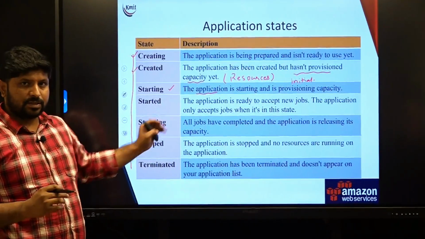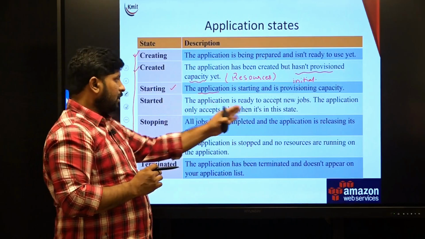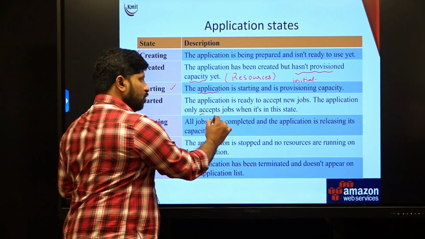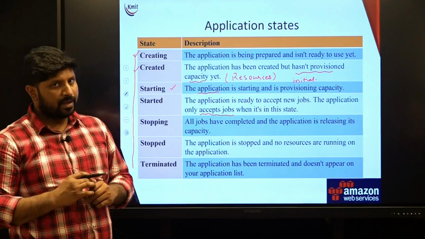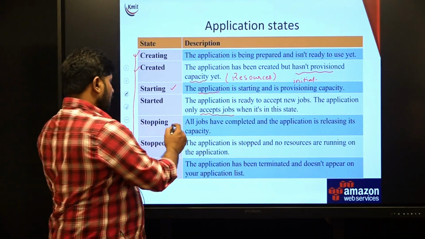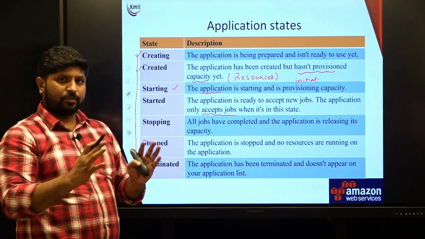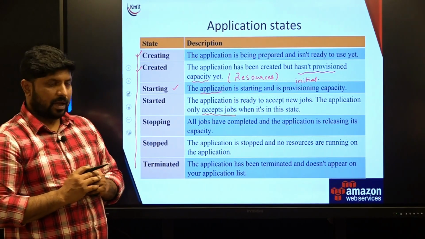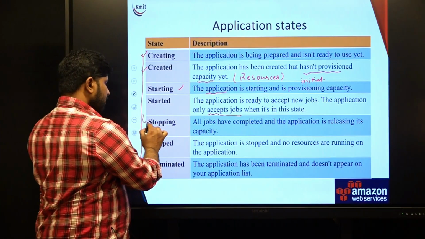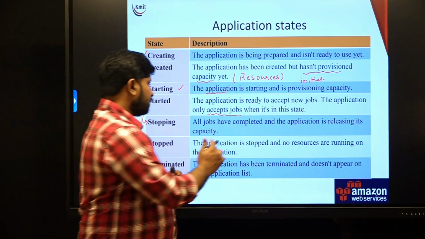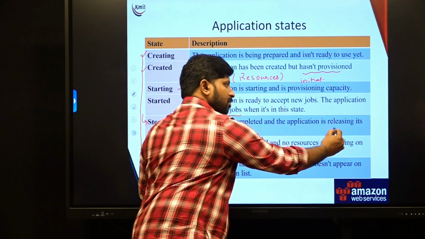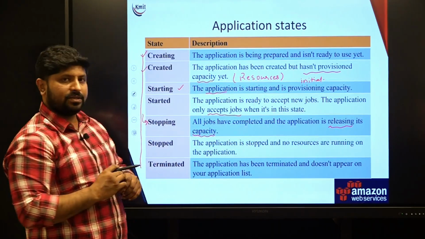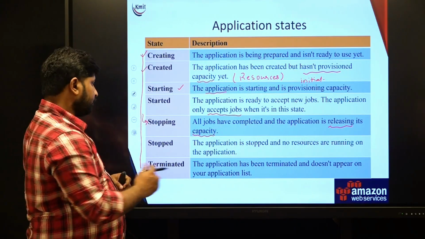Once the application is in started state, it is ready to accept various jobs. It might be Spark jobs or it might be Hive jobs. Once the execution of the job has finished, it gets into the stopping stage where various resources are released from the application once it completes its job execution.